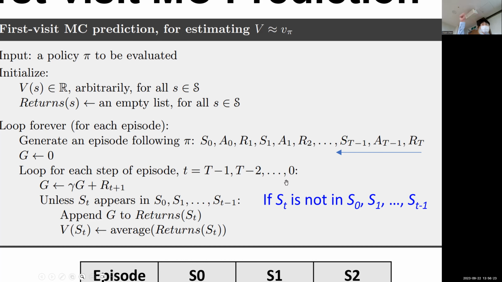We now reverse the timeline from the ending terminal state back to the first time we visited a particular state. What it's doing here, t equals T-1, T-2 until 0, is moving from the terminal state back to the starting time.